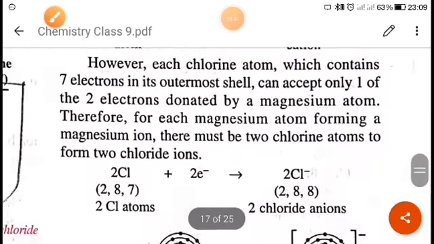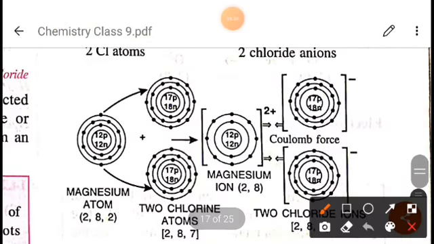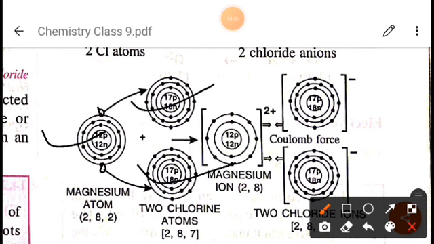now you see how the arrangement takes place. This is magnesium, this is one chlorine and this is another chlorine. Since magnesium has 2 electrons in its outermost shell, it will give one electron to one chlorine and another electron to the other.